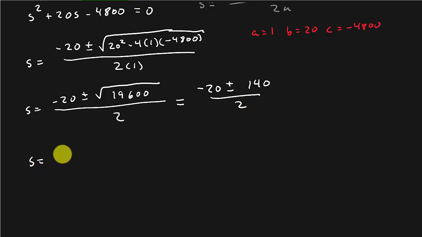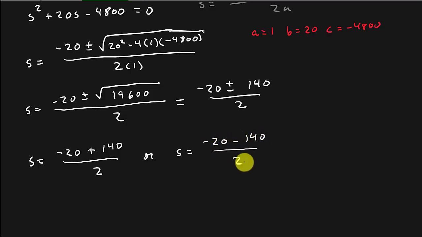So I get S is equal to negative 20 plus 140 over 2, or S is equal to negative 20 minus 140 over 2. And so if I do this, I get S is equal to 120 over 2, which is 60 kilometers per hour.